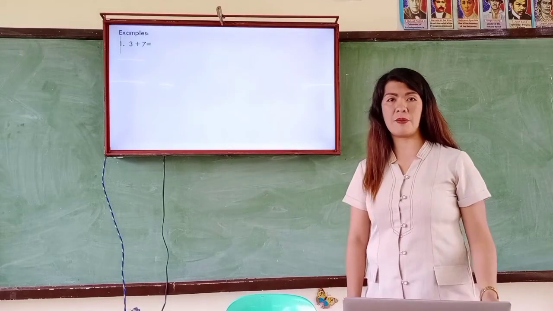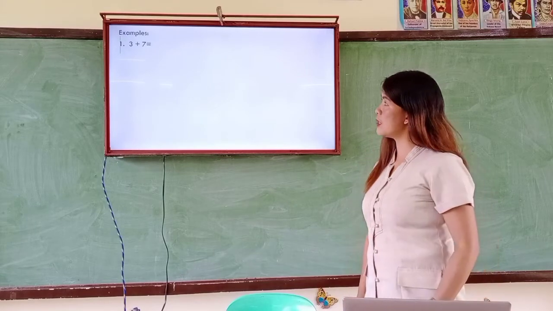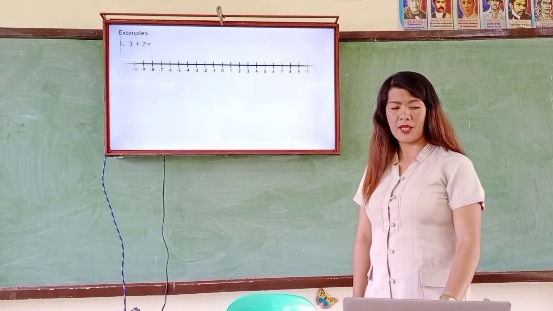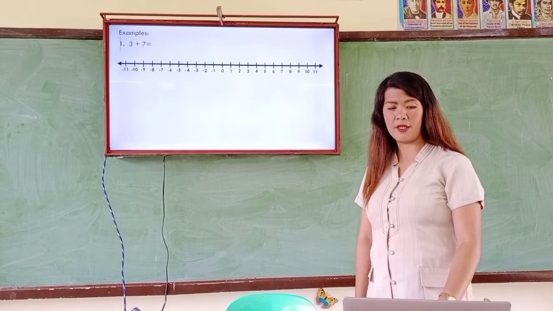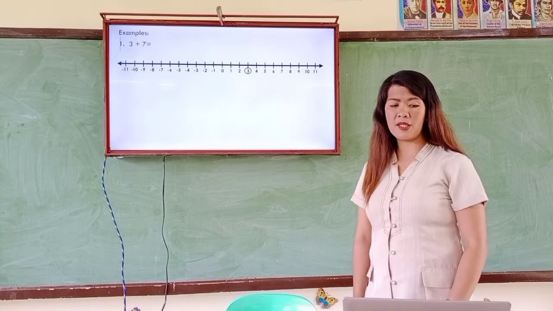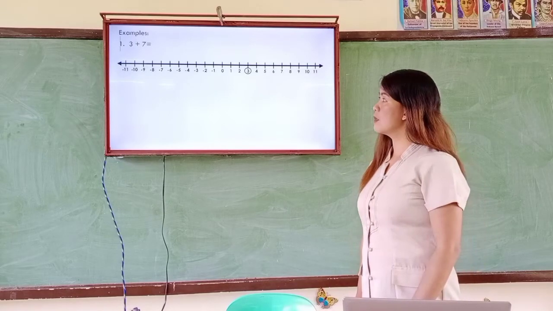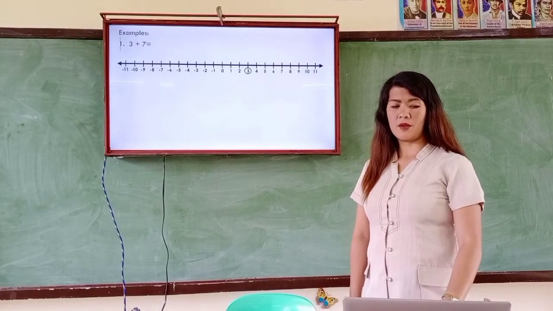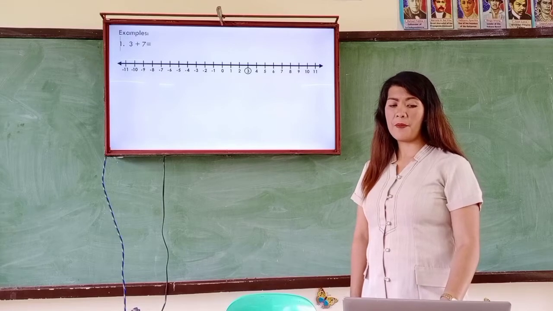Positive 3 plus positive 7. We start at positive 3. Let us encircle positive 3 here. Then since we add positive, we are going to move to the right. Move to the right 7 times from positive 3.